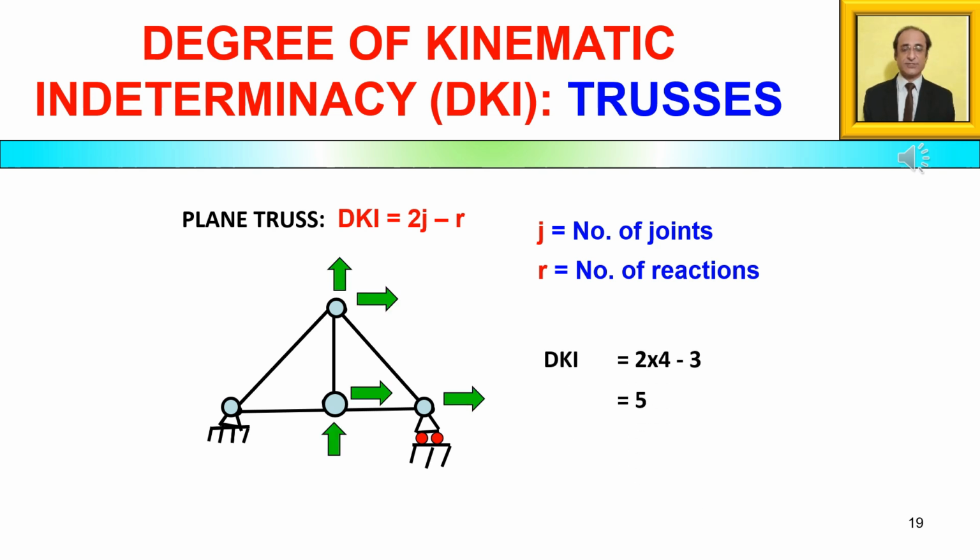For the particular truss shown here, by this calculation the DKI comes out to be 5 because there are 4 joints and 3 reactions. Now the next job is we need to identify them. So all these 5 independent displacements can be very easily identified as shown here.